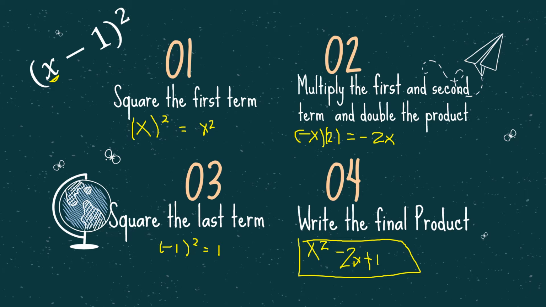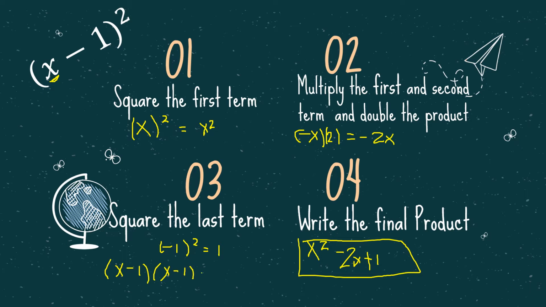Even if we use the FOIL method, we will arrive at the product x squared minus 2x plus 1. Let us show it also so that we can at least recall. So the quantity of x minus 1 squared means x minus 1 times the quantity of x minus 1.